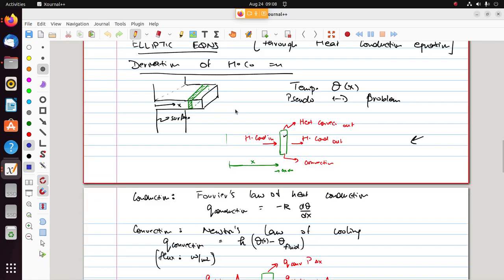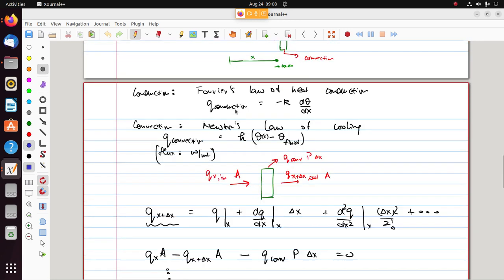So we took a one-dimensional fin, although the fin in reality is three-dimensional, but we said that given the geometric condition and the situation, we can consider that as a fin where the temperature, that's the unknown variable, is varying only as a function of x.